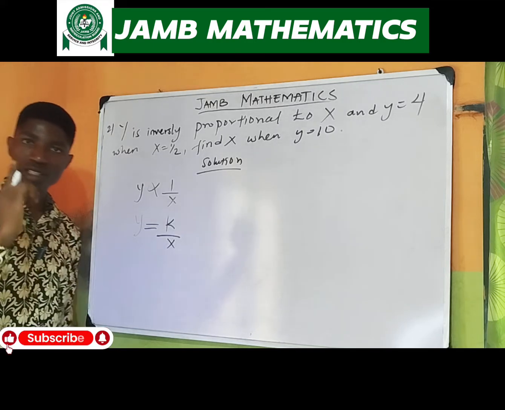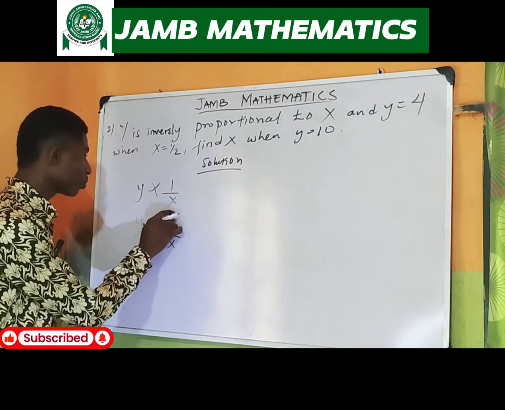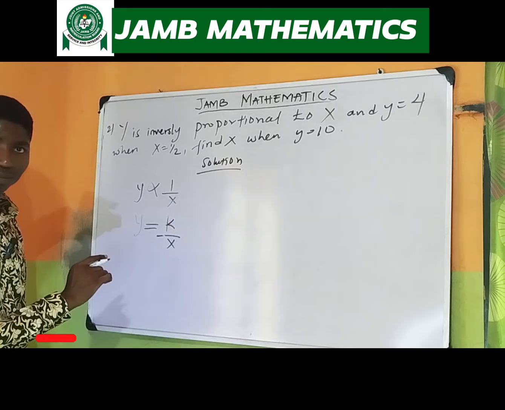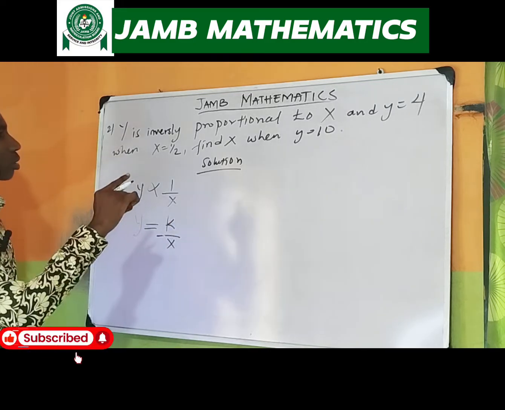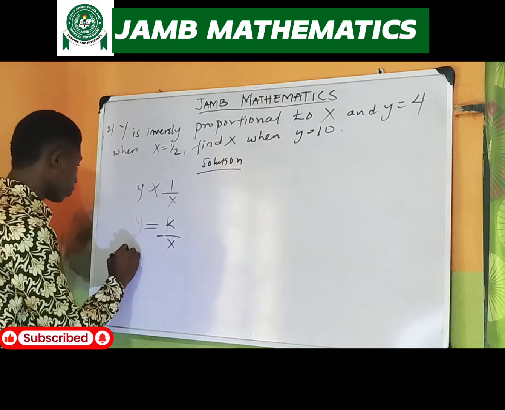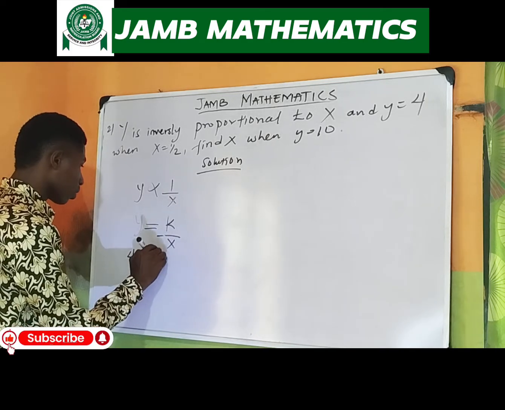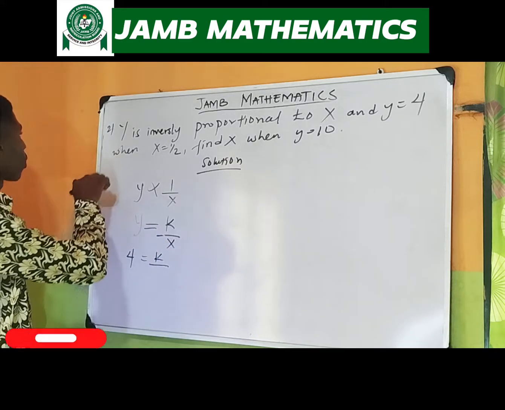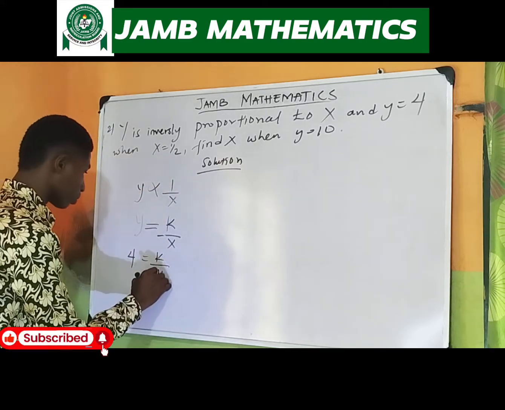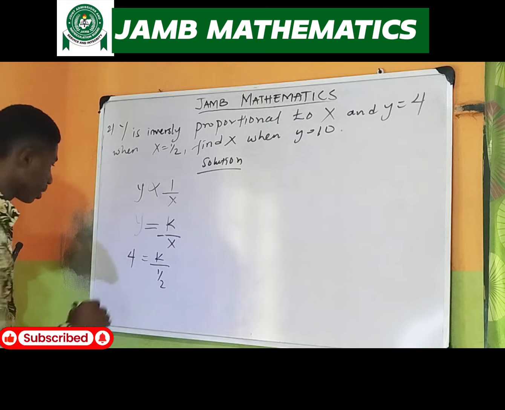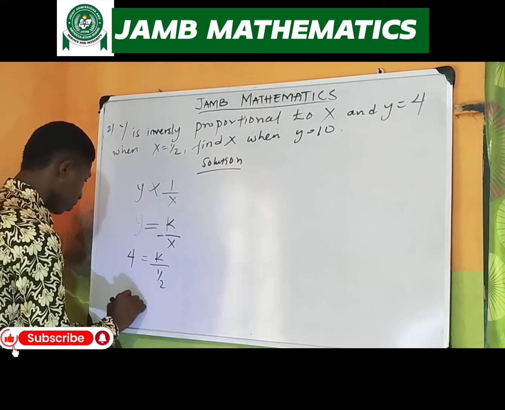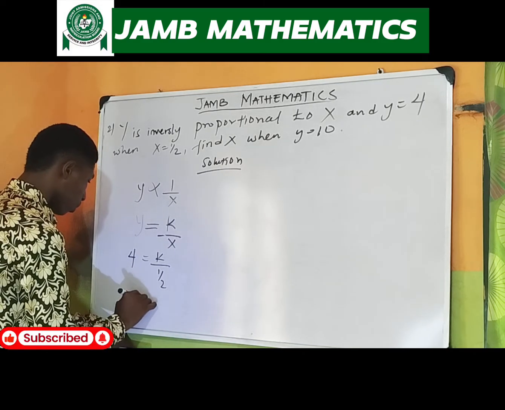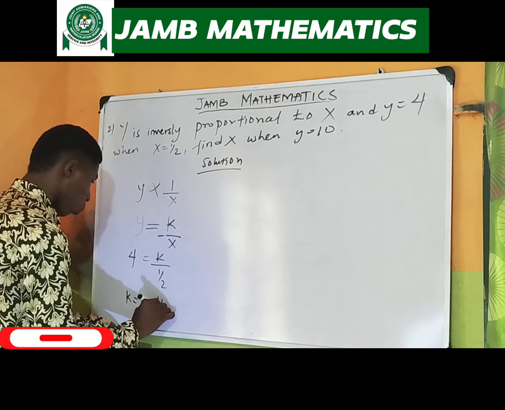The first thing you have to do here is to find the value for your constant k. When y is equal to 4, 4 is equal to k over x, when x is equal to 1 over 2. Now, making k the subject, k is equal to 4 times 1 over 2.